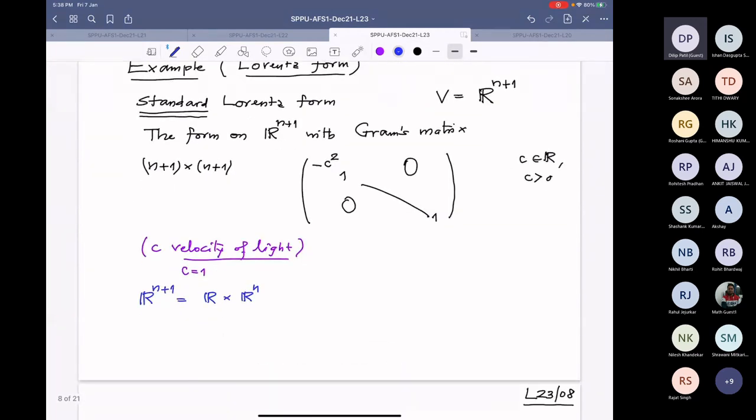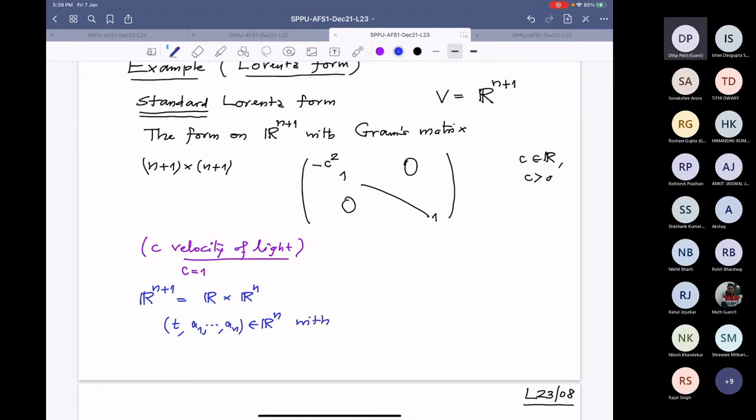Now you consider the vectors. This variable I will write as T, and then I will write the tuple A1 to AN in R^n, with what?